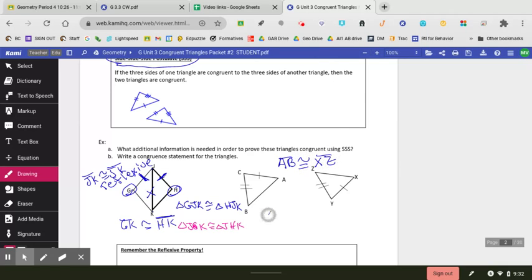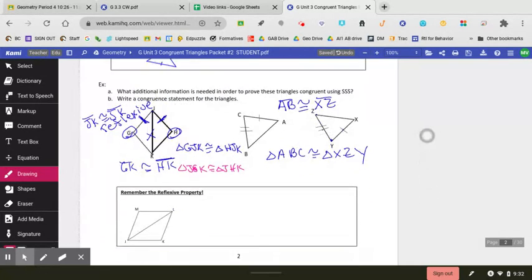And then our congruent statement would be that triangle ABC is congruent to, so A is next to the single one, so I would need X. And then B is the double one, in between the double and the X, so that would go with Z. And then Y goes with C because Y is in between the double and single.